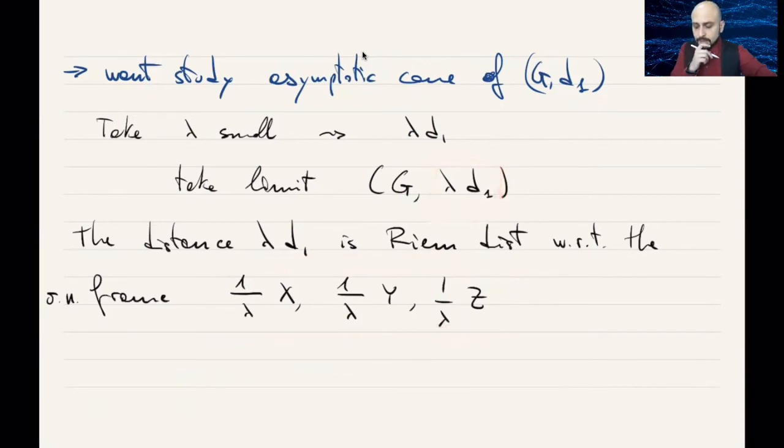But let's pay attention, because now we cannot just take the limit of these vectors, since these vectors will just blow up. So we cannot pass to a limit distance in these coordinates. So let's change coordinates using the map delta lambda.